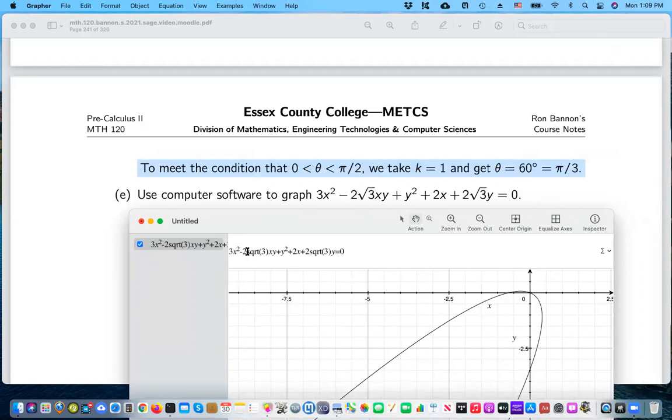I get 3x squared. Let me put down 2 square root of 3. I'm putting in multiplication symbols, by the way. I'm just reading, making sure I typed in the same thing: 2 times square root of 3y.